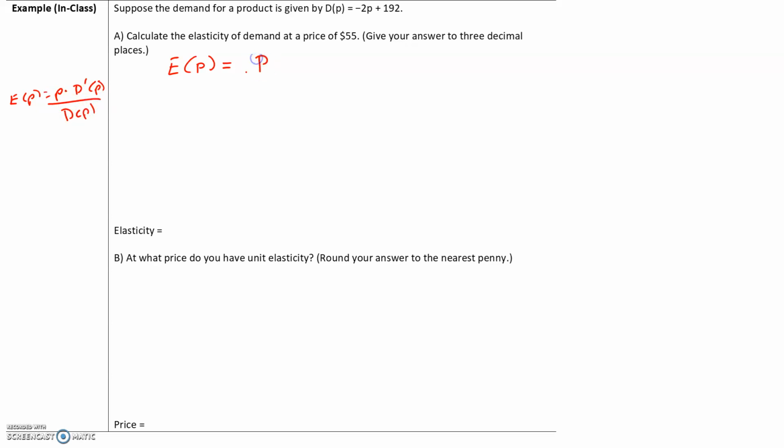So we have negative p times d prime of p, it's just going to be negative 2. And all of that is going to be divided by negative 2p plus 192. So negative 2p times negative p, this gives us 2p divided by negative 2p plus 192.